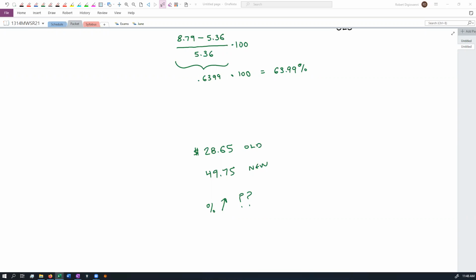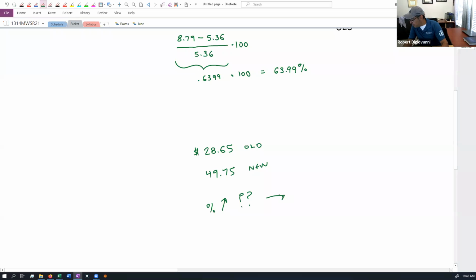I got 73.64. Okay, good. I got the same thing. Anyone else? 73.64, and we'll put percent, right? So everyone should have got that. Anyone not get that? Need to run through the calculation or no? Everyone good?